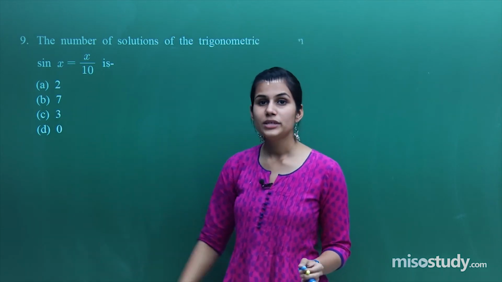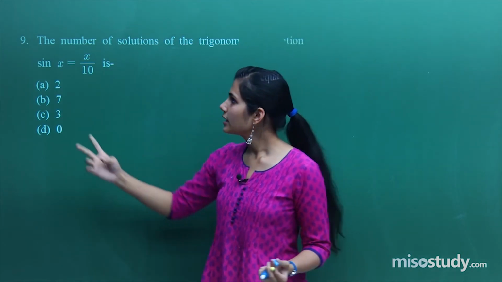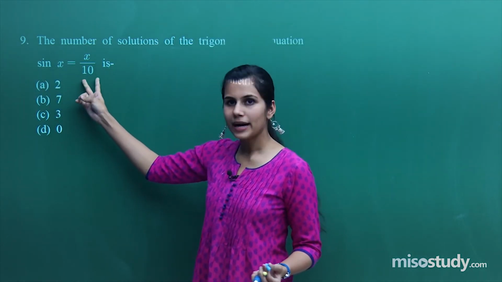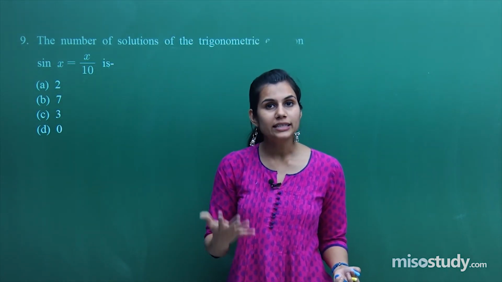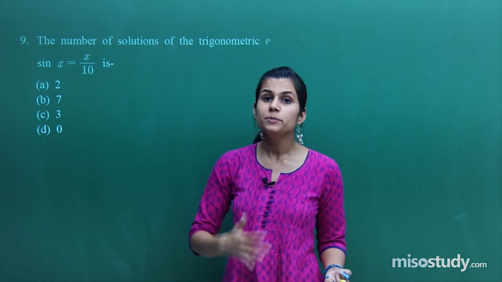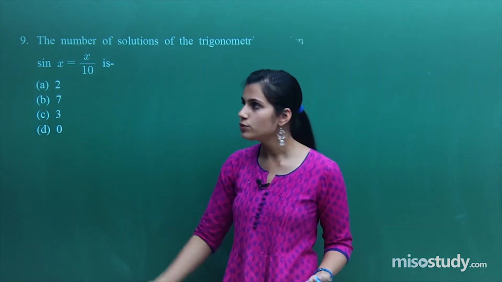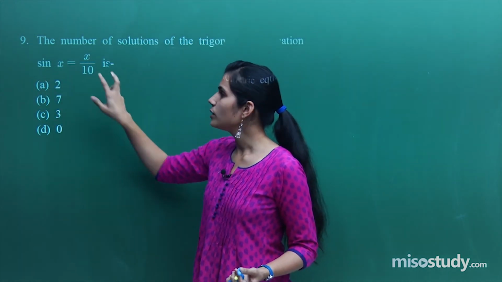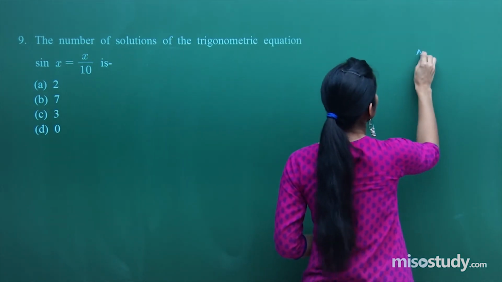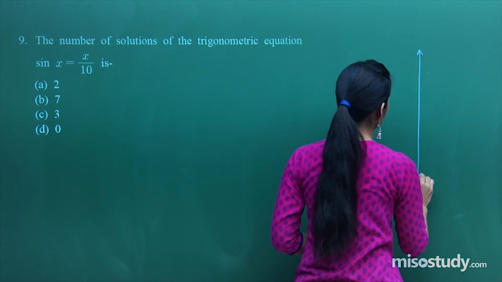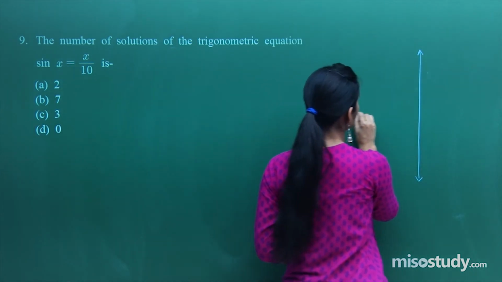So, it's better that we see where the graphs of sin x and x by 10 intersect each other. Wherever at all those points where these two graphs are intersecting gives me all the possible values of x for which sin x will be equal to x by 10, right? So, let's use the graphical approach.